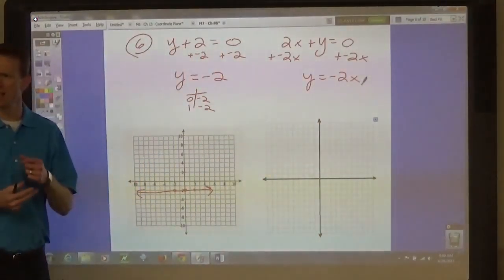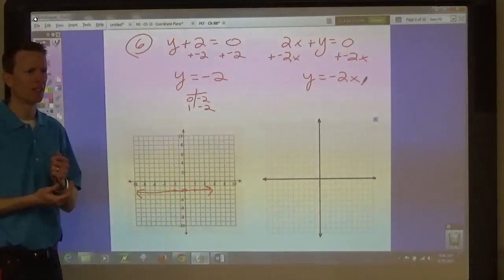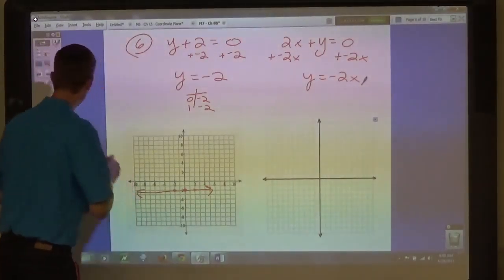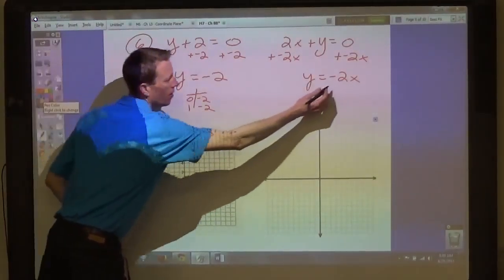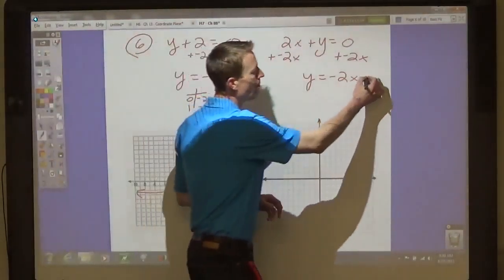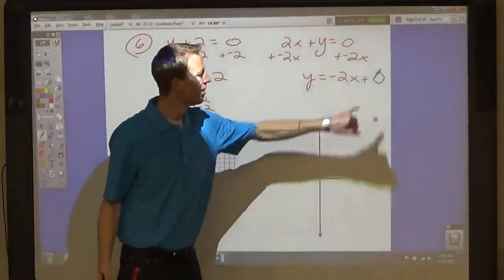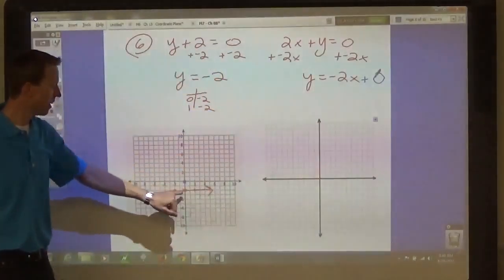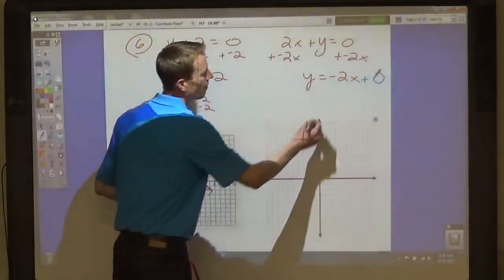What is b in this equation? 0. So when we graph this one, b is 0. That's the first point. Anytime you don't have another number, the first point that you can mark is 0. Think about it this way.